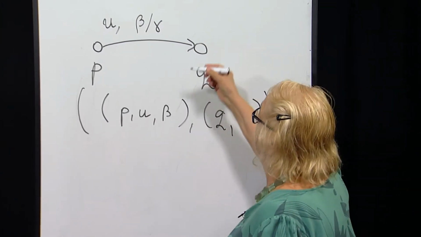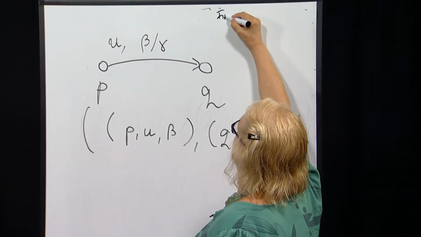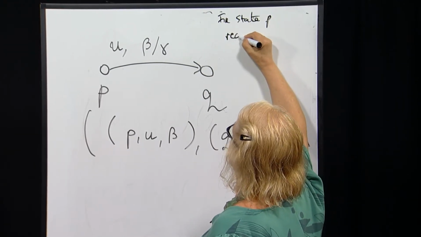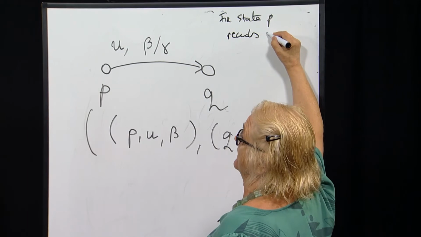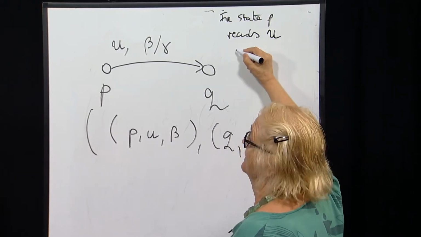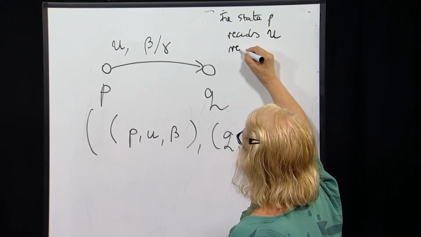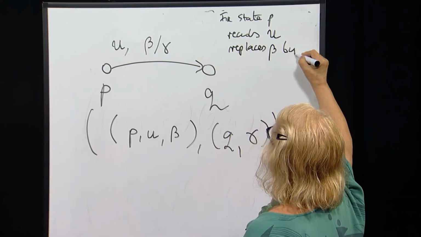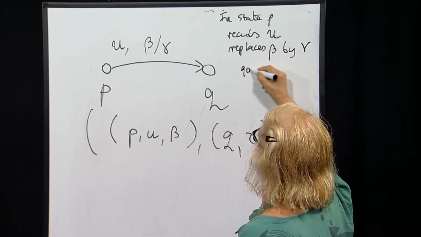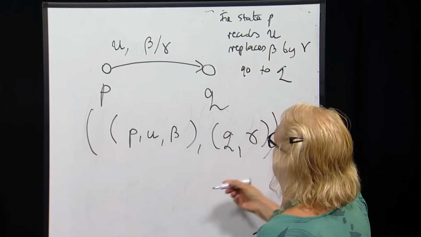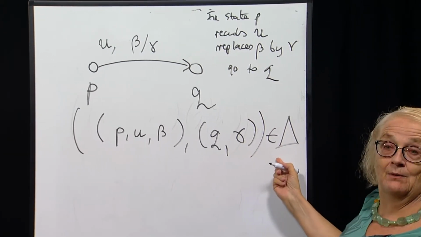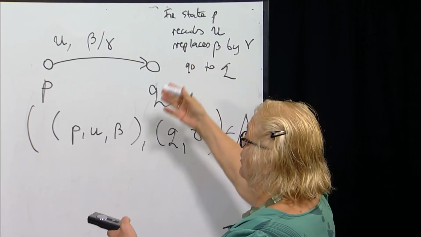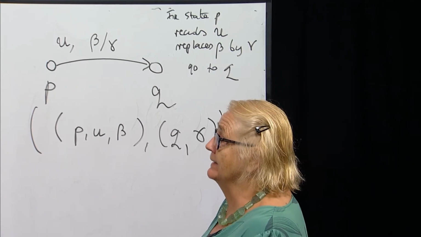In state P, read u, replace beta by gamma, go to Q. Of course, that is our delta. So now we know what this does.